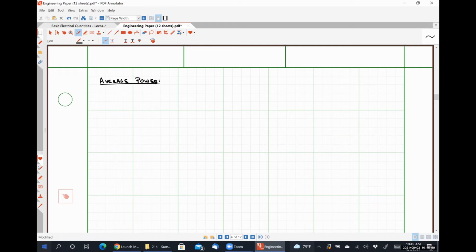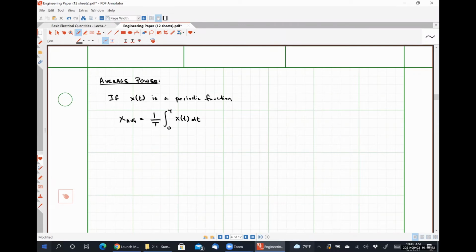All right, so if x of t is a periodic function, then the average value of x of t can be found by integrating our signal x of t over exactly one period, and then dividing the results of that integration by the length of the period.